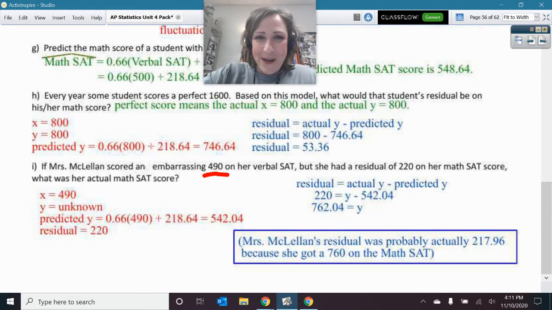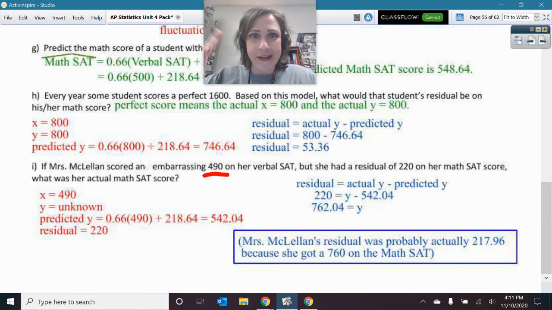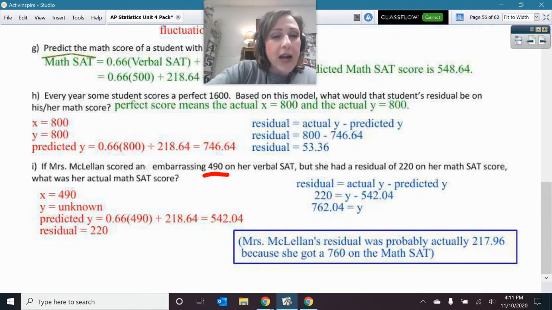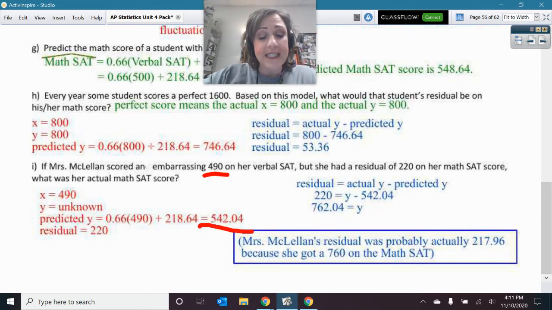I had a 490 on my verbal. Now, math came naturally, so even though I might not have had school support on that, it was just kind of in my brain. So I had a residual of 220. So our X was 490. You don't know what I made actually on my math, but we can predict that with a 490 verbal, I was predicted to get 542 on my math, but I had a residual of 220.